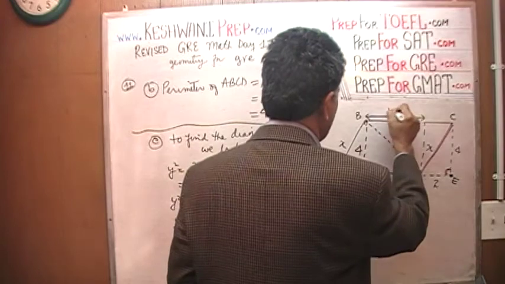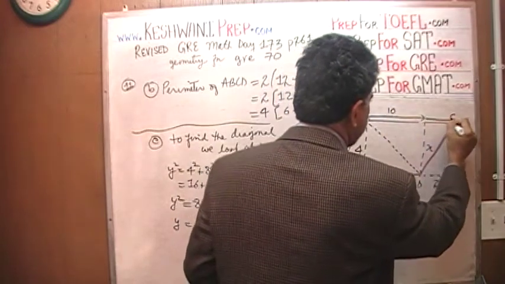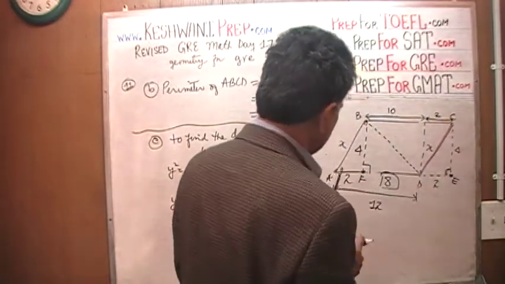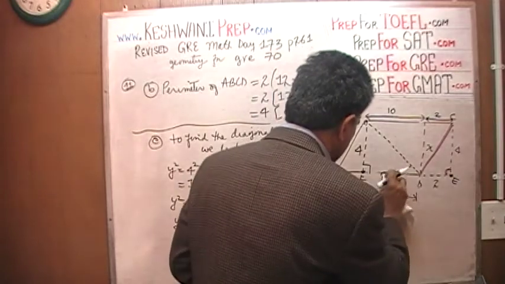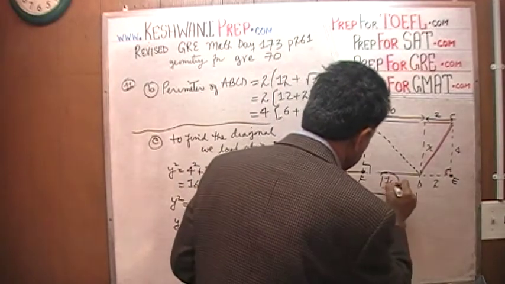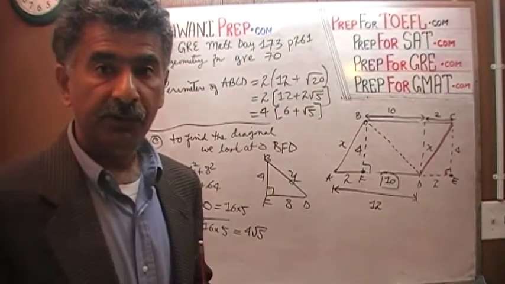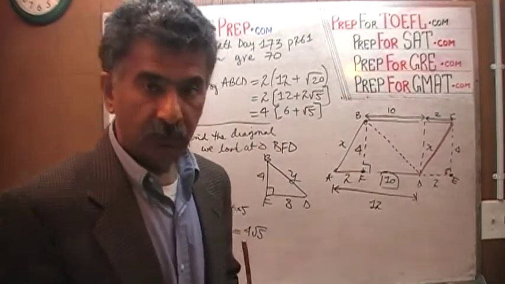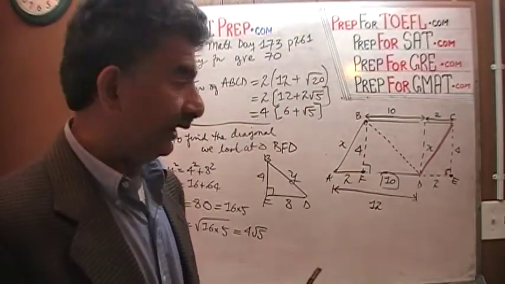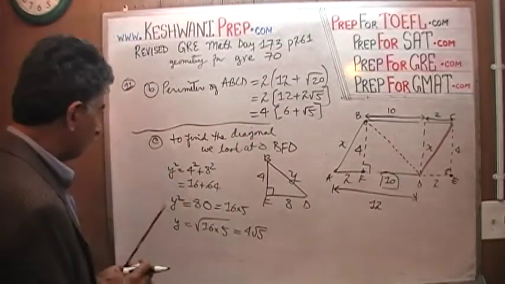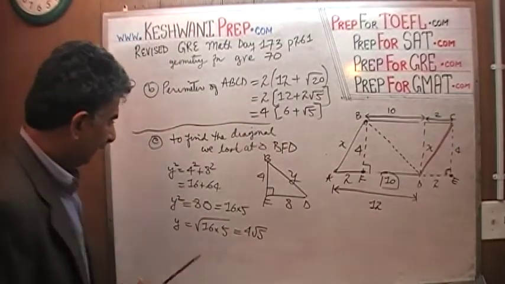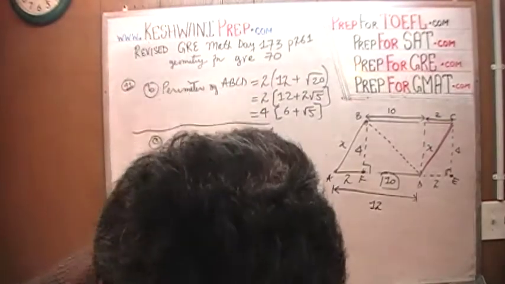This is 10, and this is 2. If only I knew how to subtract 2 from 12. 12 minus 2 is not 8, it is 10. It is all wrong. This 8 should have been 10.